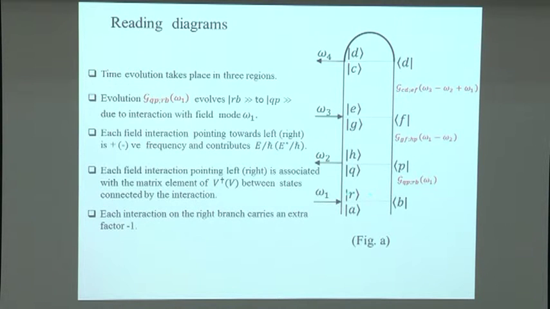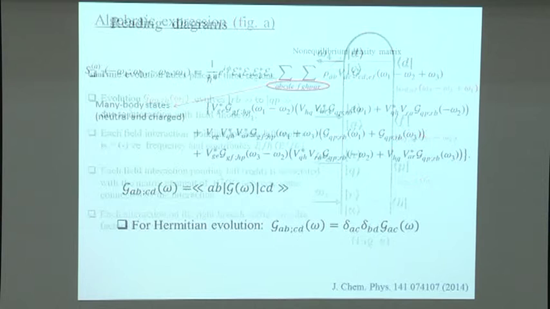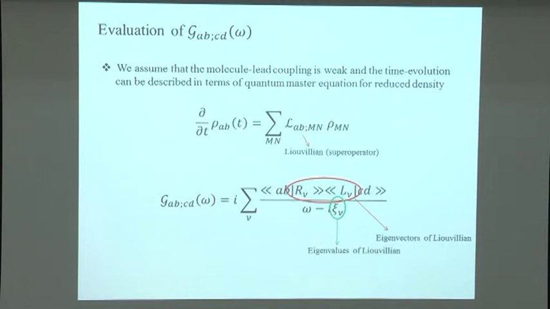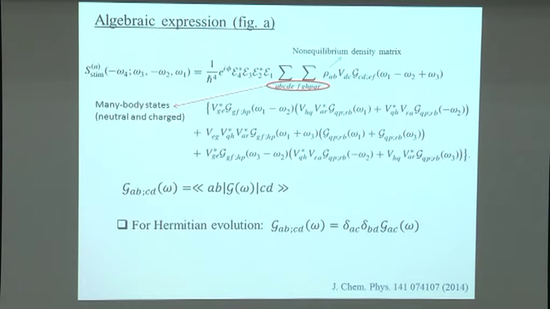Once I have all these things in place, my signal is nothing but the product of these quantities. This is my initial state from which I start, and then I have matrix elements and the evolutions. For example, this evolution is going from this state EF to CD, but due to previous interactions, I have to take all these interaction frequencies into account.